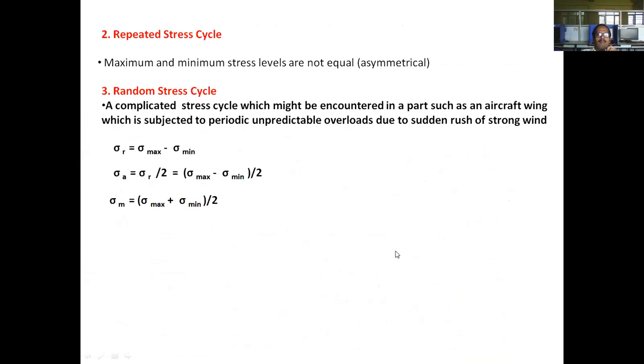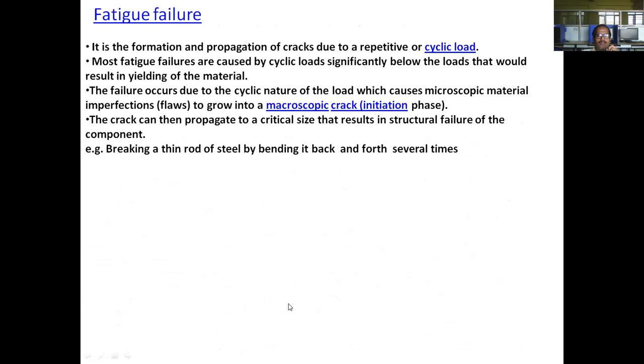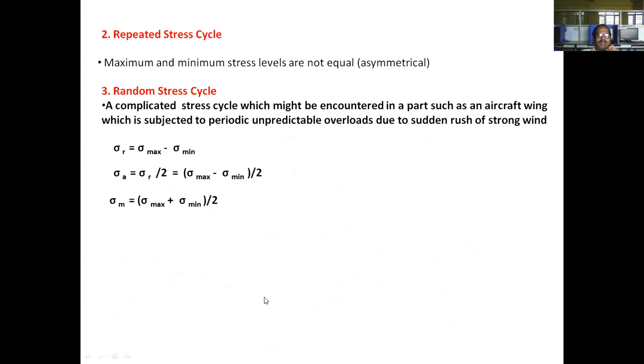The second is the repeated stress cycle. Here the maximum and minimum stress levels are not equal, so it is an asymmetrical kind of stress. Here we have a positive value of stress and a negative value of stress; here it is not the case. And third is the random stress cycle.